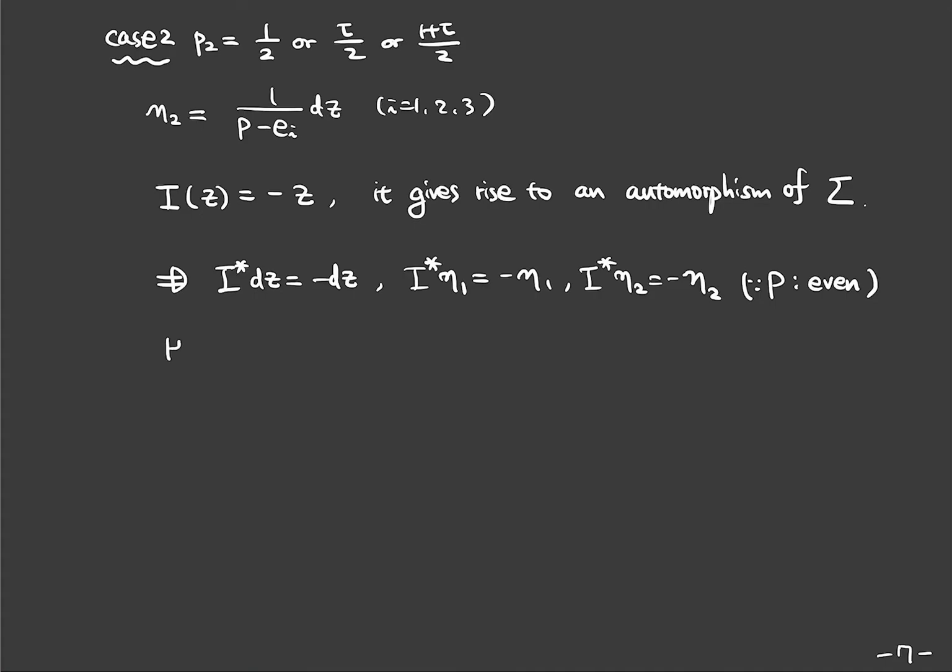Hence, we finally obtain that pullbacks of meromorphic one forms phi i is equal to minus phi i for all i.